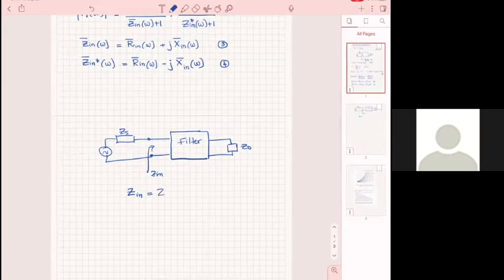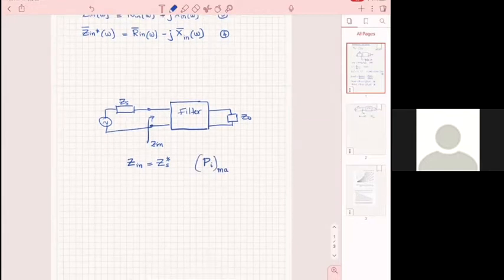ZS star? Exactly. It has to be the complex conjugate. And in that particular case, the reactance of Z in cancels out the reactance of ZS, and the source delivers to the filter the maximum power.